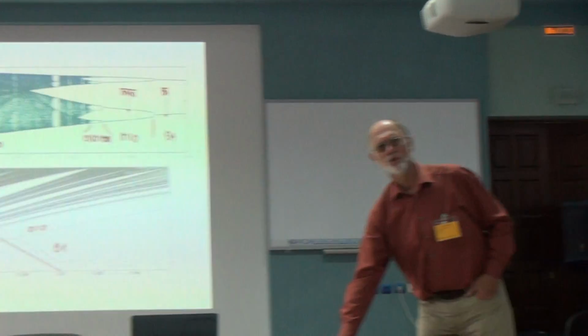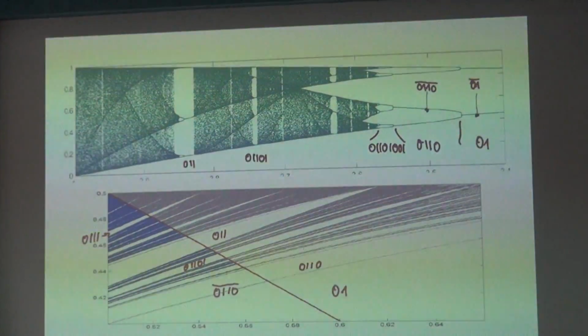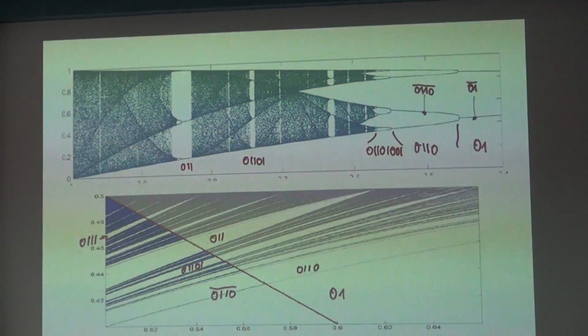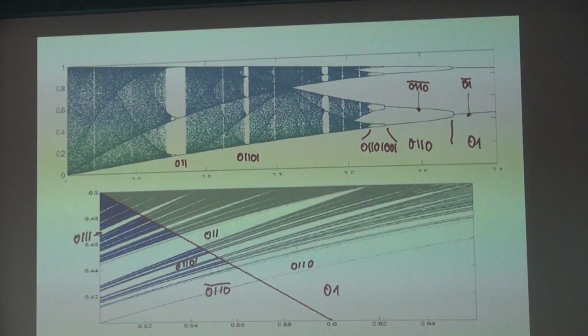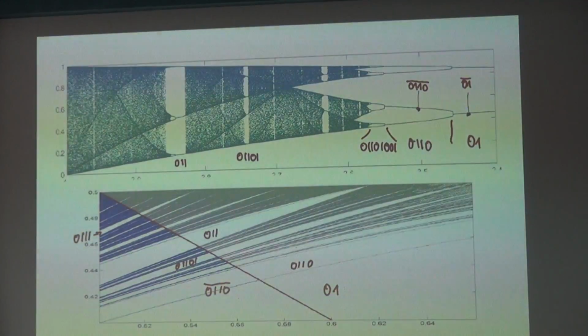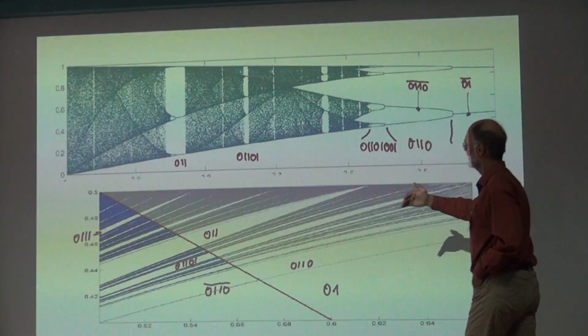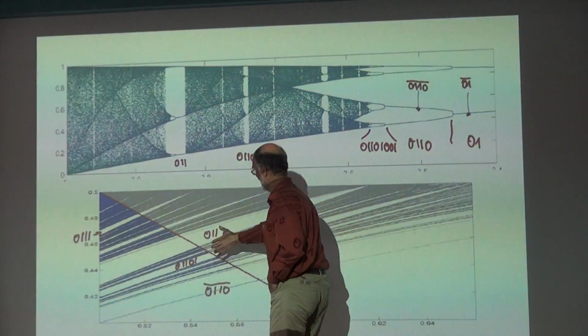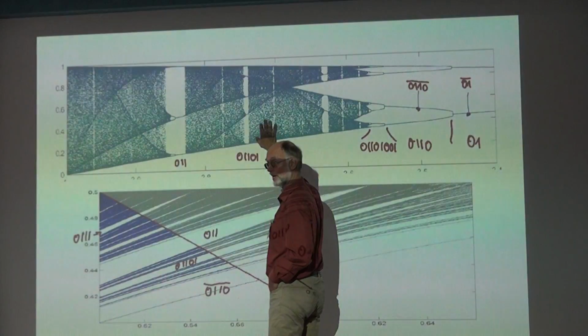I don't know whether you are familiar with the bifurcation diagram. It was very popular in the 90s, and now it's not so popular anymore. One can find that these lines are very much connected to this one.